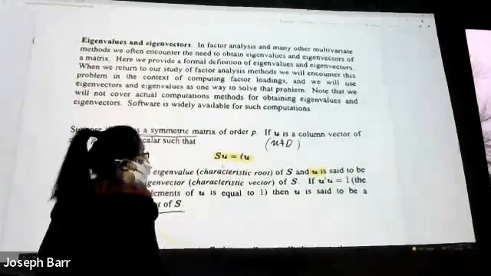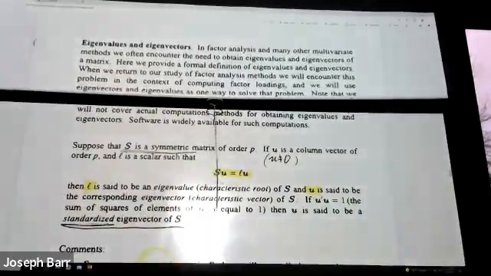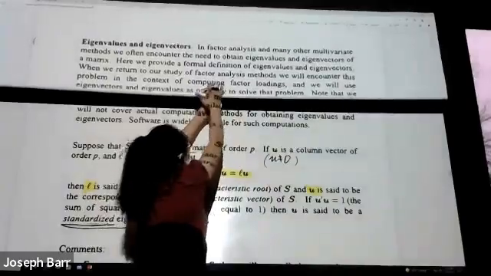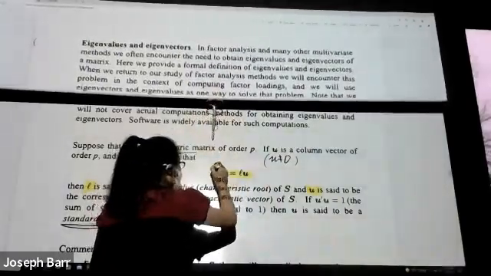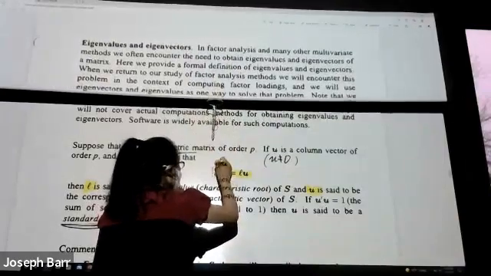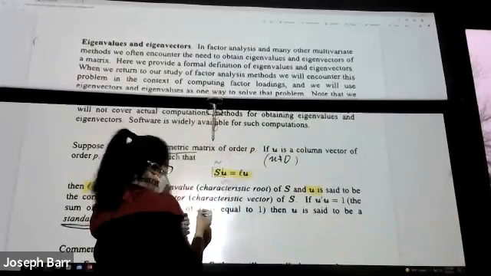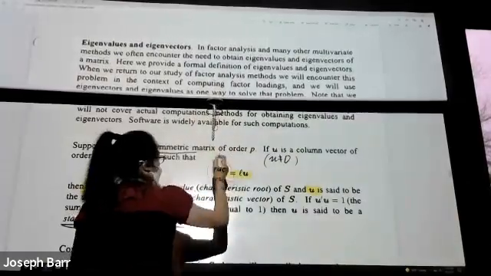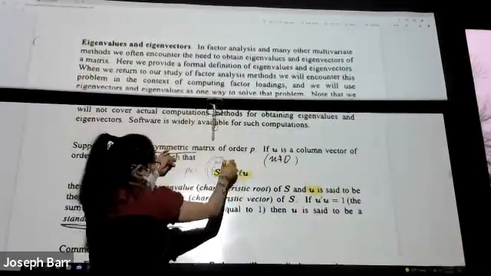And now let's look at a very good property in this case. We have a P by P matrix here, and here we have a P by 1 column. If you do the multiplication, finally you have a P by 1 vector.